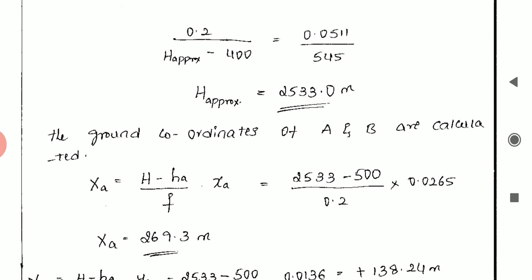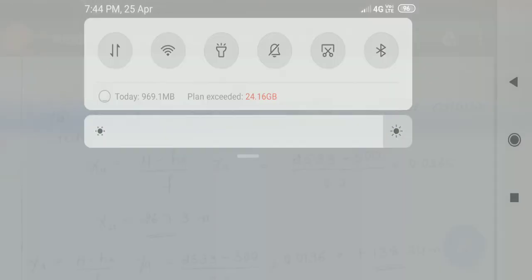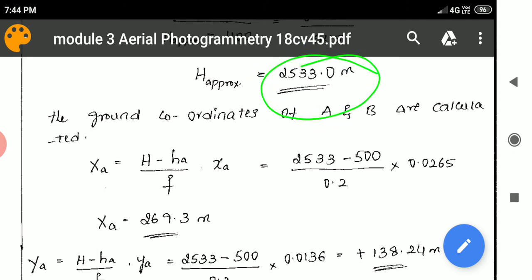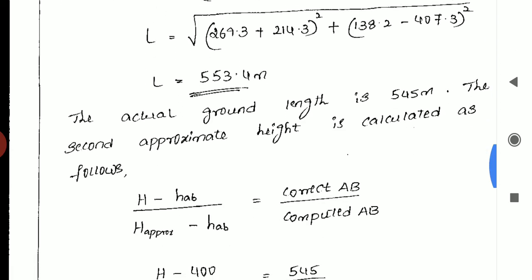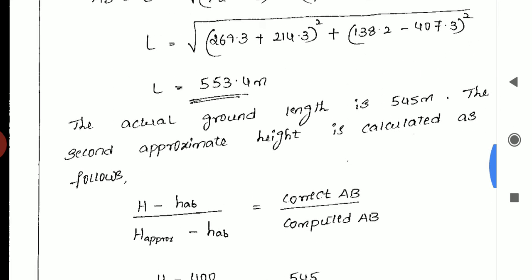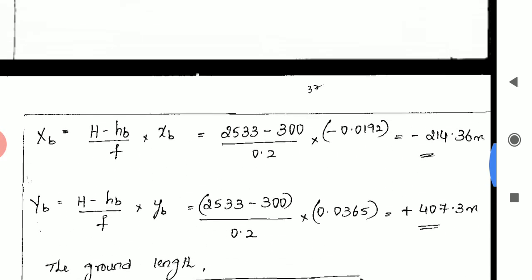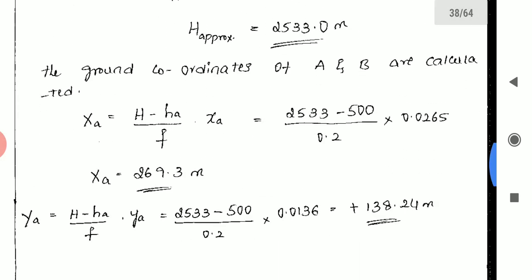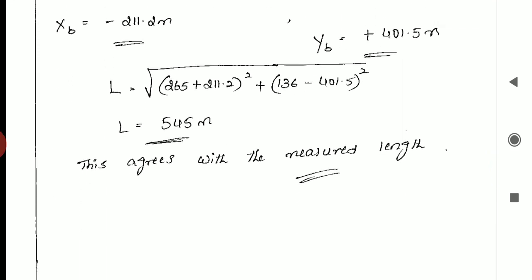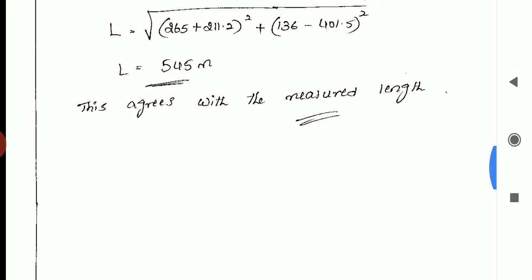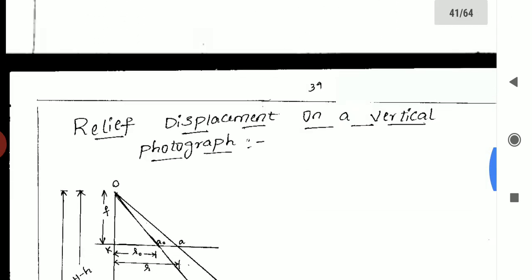By using the approximation we get the XA, XB, YA and YB values, so it is the approximate length. By using the corrected one, it is the corrected or else the actual measured length.